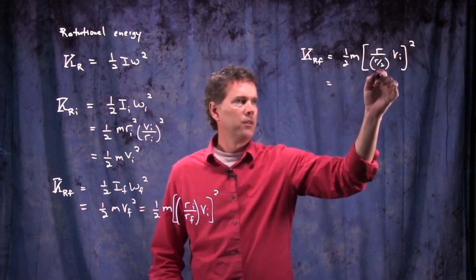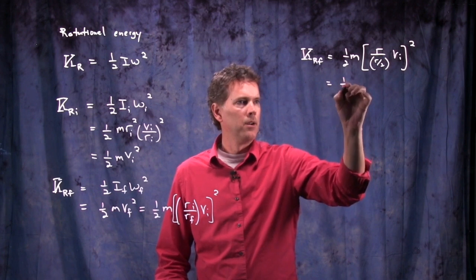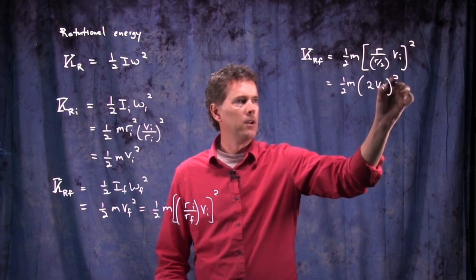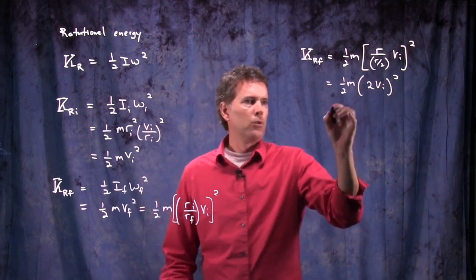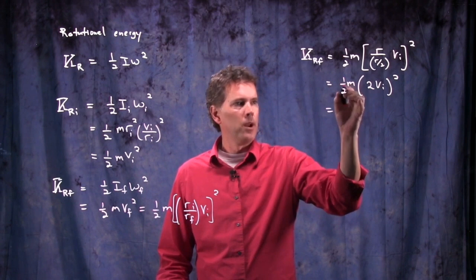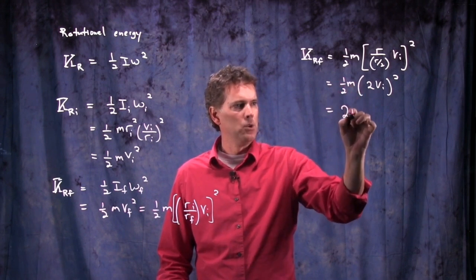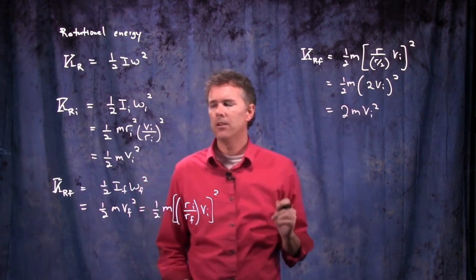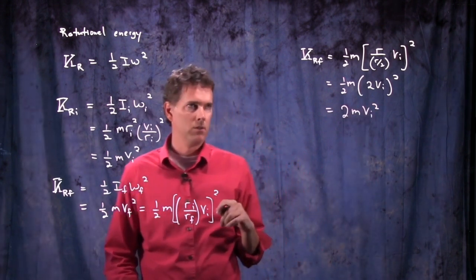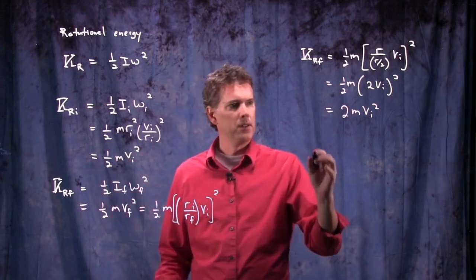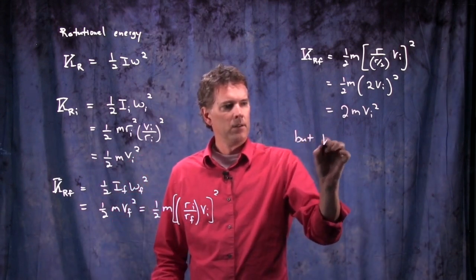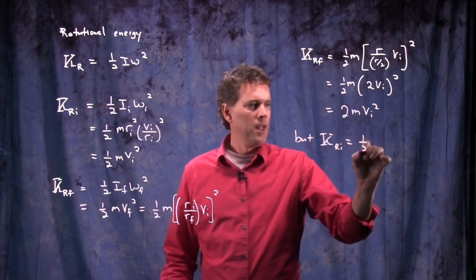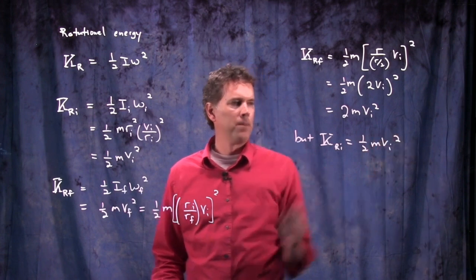The r's, of course, cancel out. We get a 2 up there, and then we're going to square the whole thing. So we get 2 v i squared. 2 squared is 4. When I take that 4 and I multiply it by 1/2, I get 2 m v i squared. How does that compare to the initial? The initial is right there. It was just 1/2 m v i squared.